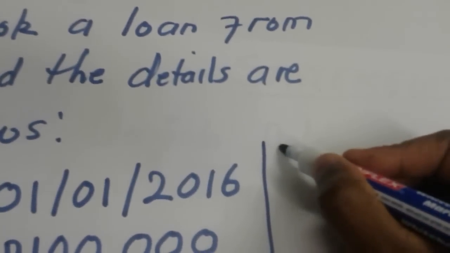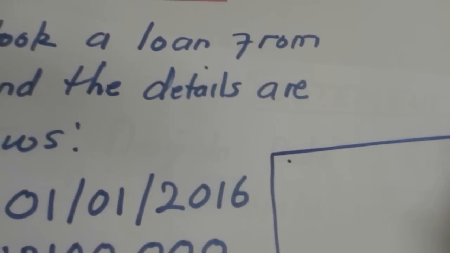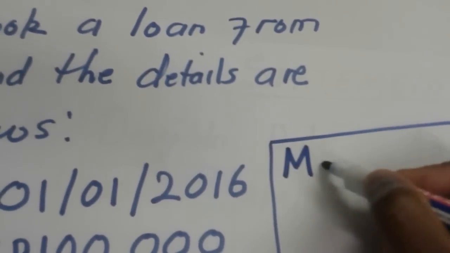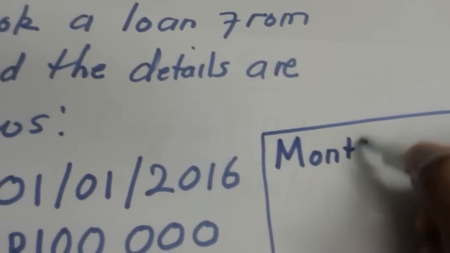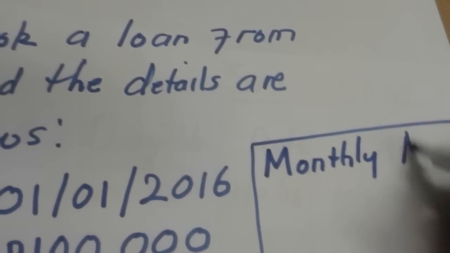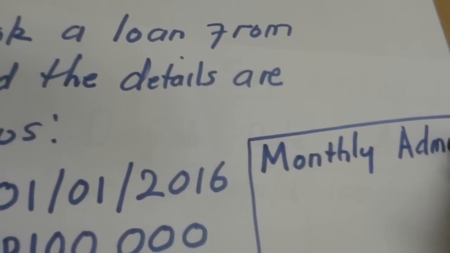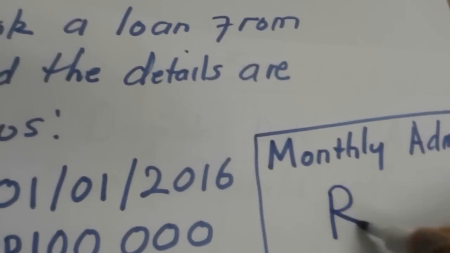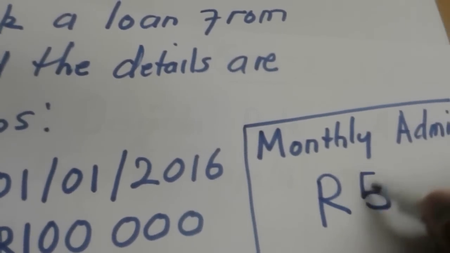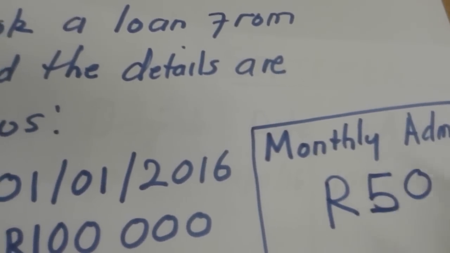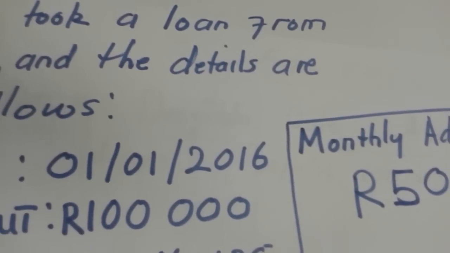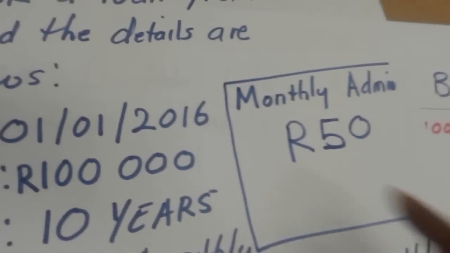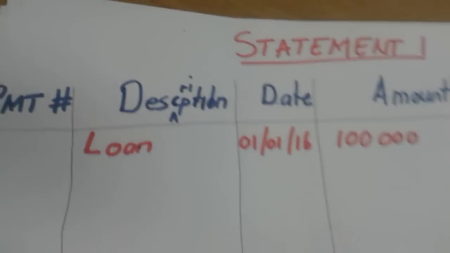Or if you want, you can call it bank charges, or let's call it monthly admin fee for Absa. Let's say it is 50 rands. Okay, so once you have that loan, you must pay that monthly admin fee of 50 rands.